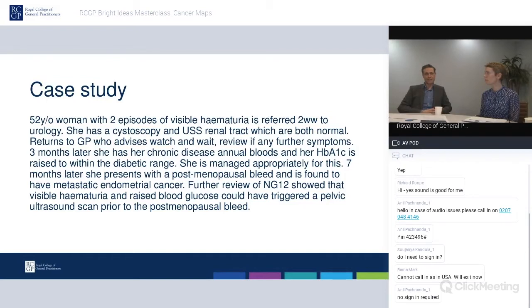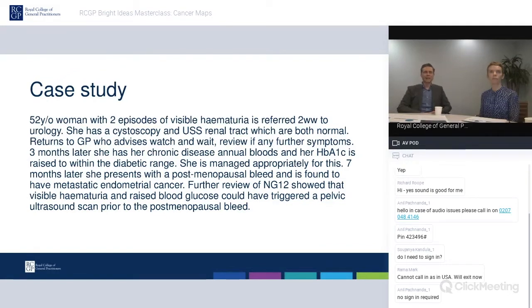So this case study is a 52-year-old lady who has a couple of episodes of visible hematuria. Now, naturally, she is referred on a cancer referral 2-week wait to urology. She has an ultrasound of her renal tract and a cystoscopy, but nothing abnormal is found.